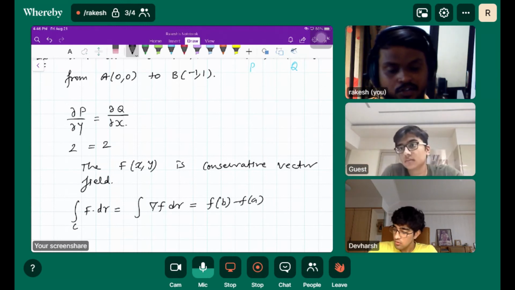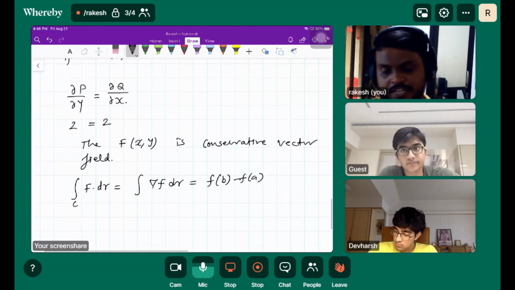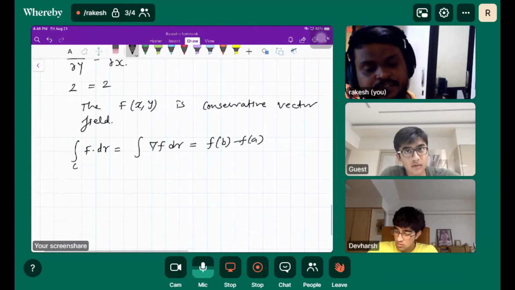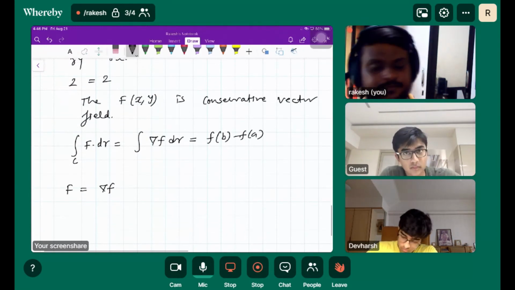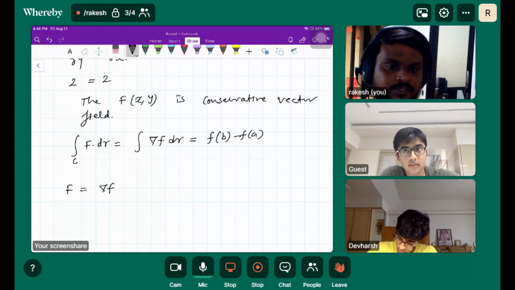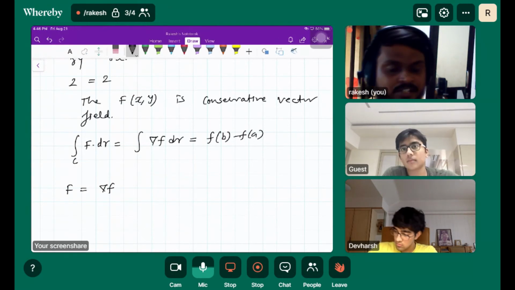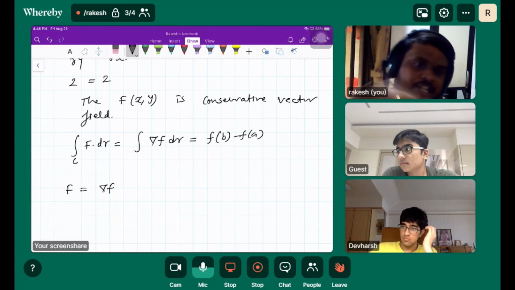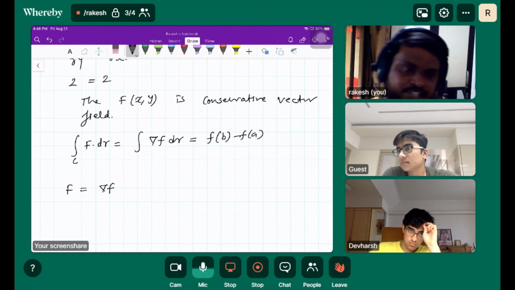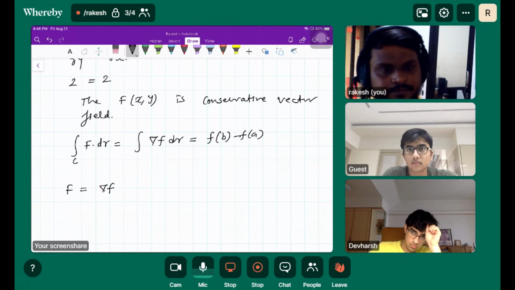Now, please listen carefully. If we have a conservative vector field, we can write capital F is equal to the gradient of that potential function, which is del f.